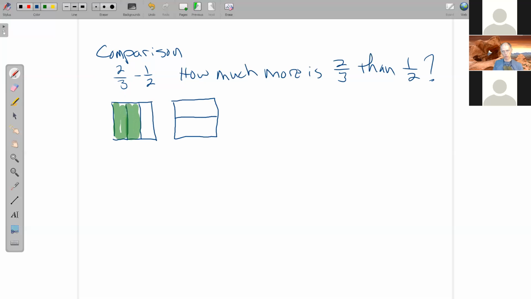Again, I like to draw them perpendicular in terms of the different cuts. And I'll show my 1/2 shaded. And maybe up front, it's not clear that this is bigger than that. And so these are different size pieces.